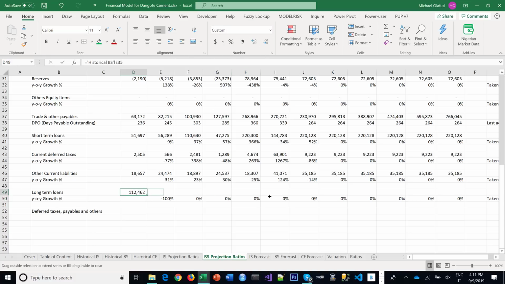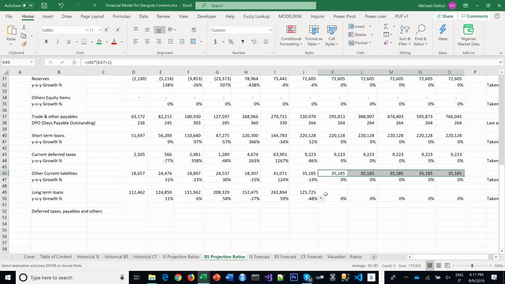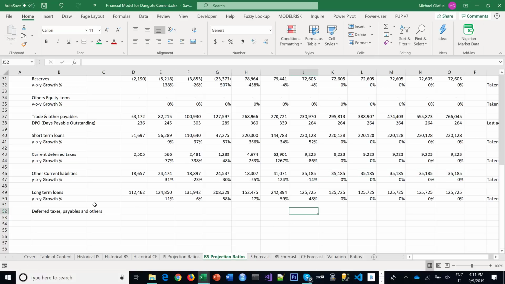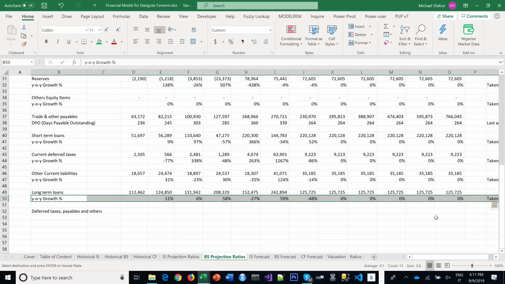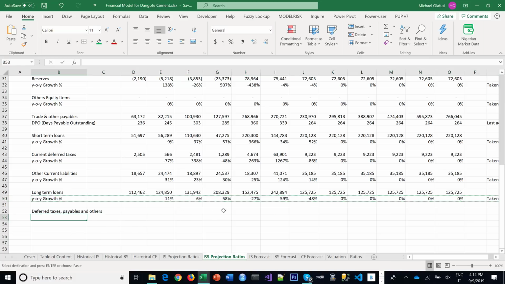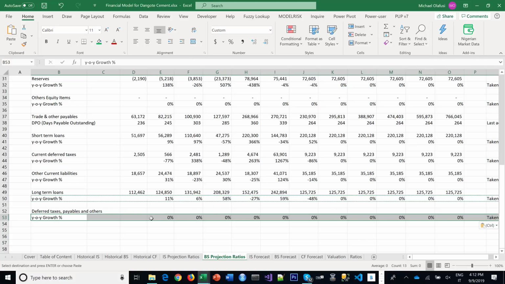So I project this, and then keep it as it is on the last actual year. Likewise for other non-current liabilities, so things like the deferred taxes, deferred pay, long-term payables, I will do likewise.